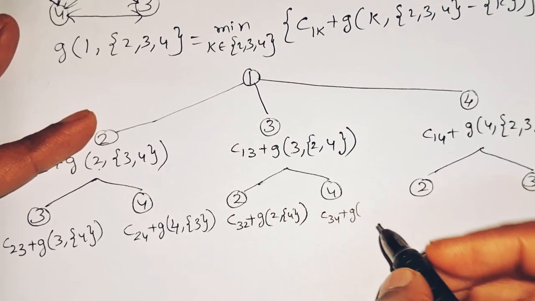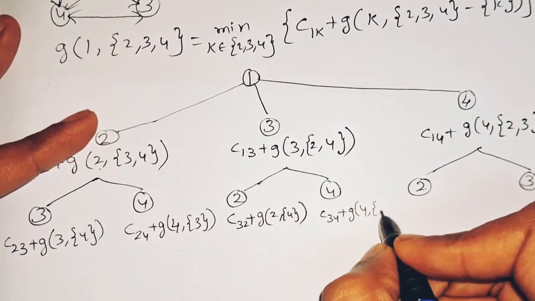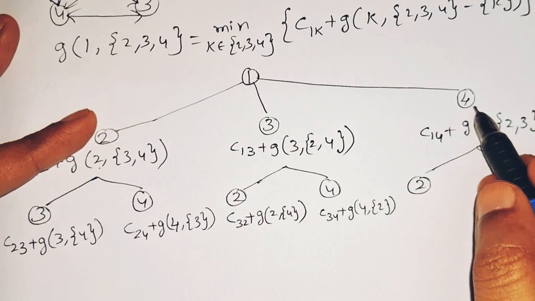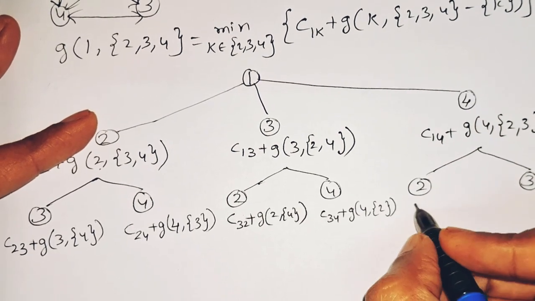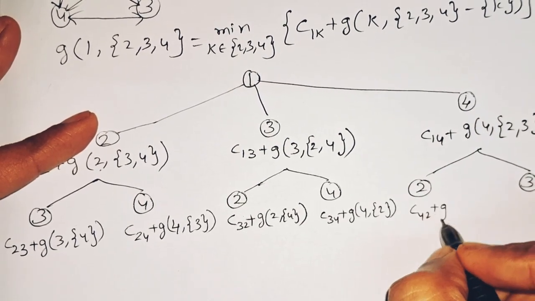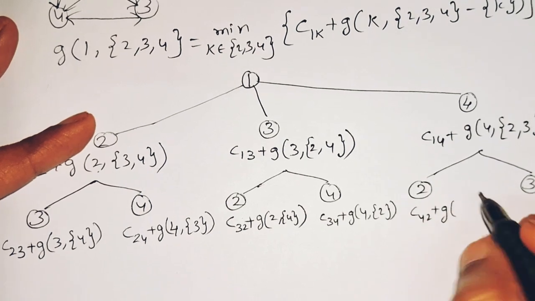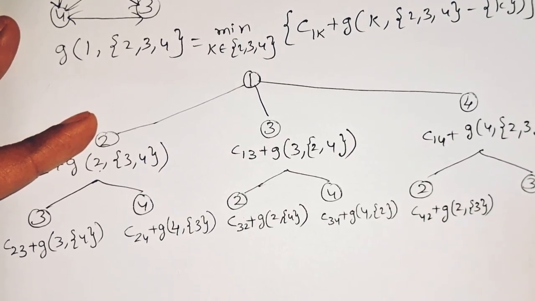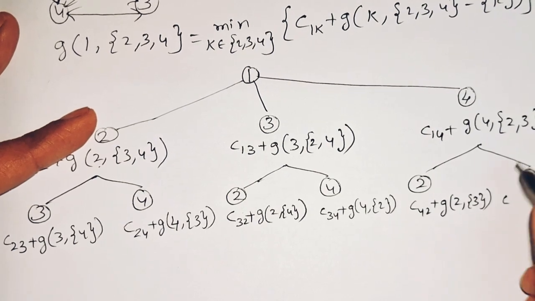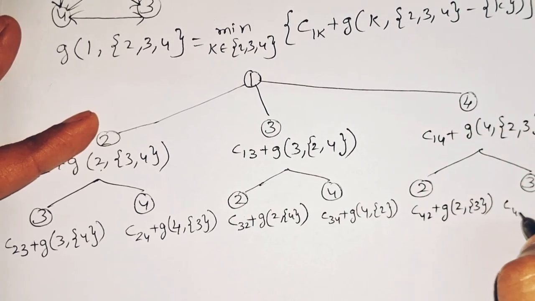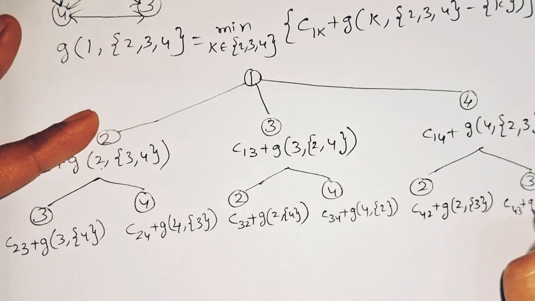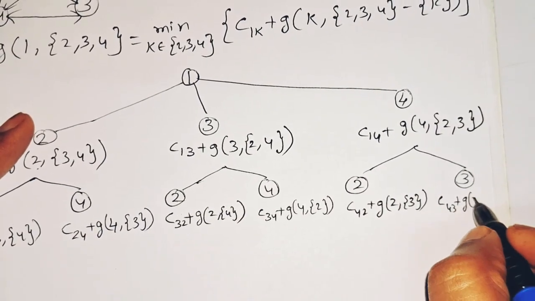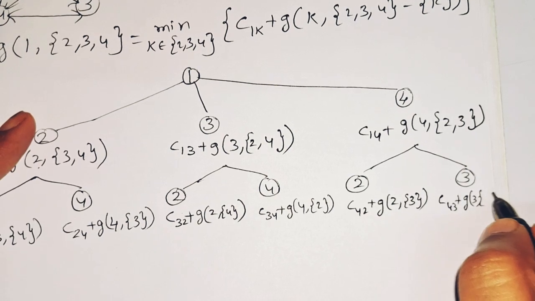Which is the unvisited node? 2 is the unvisited node. So here also, we have revisited the 4 node, 4 to 2. So C 4 2 plus G of 2 comma 3, because 2 is the visited node and 3 is the unvisited node. So next for 3, C of 4 3 plus G of 3 comma 2.